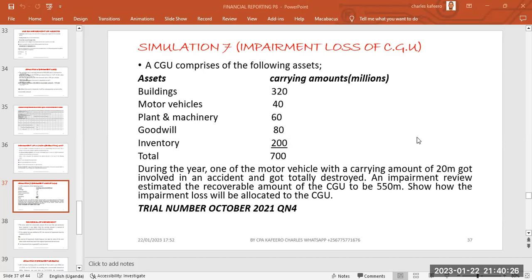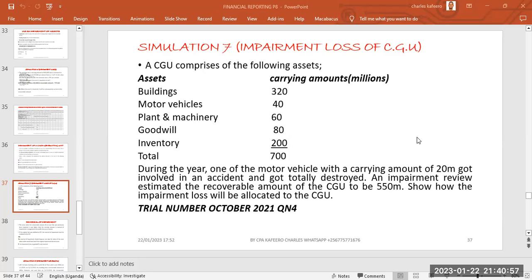It gave the theoretical aspect of the whole standard of impairment, that is IAS 36. And for now, let's look at this simulation 7, and we'll see how we can put all the narrations we've been discussing into computations. So let's go through the question and see what we can do.